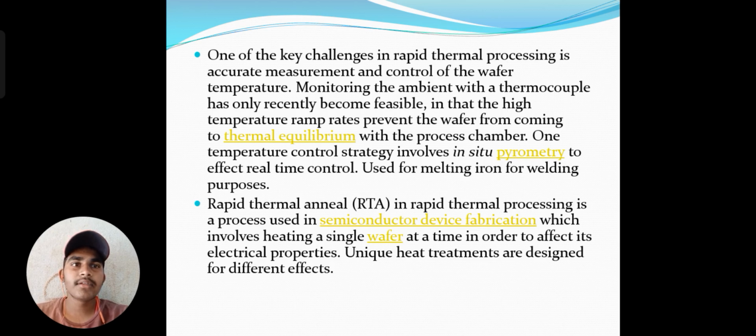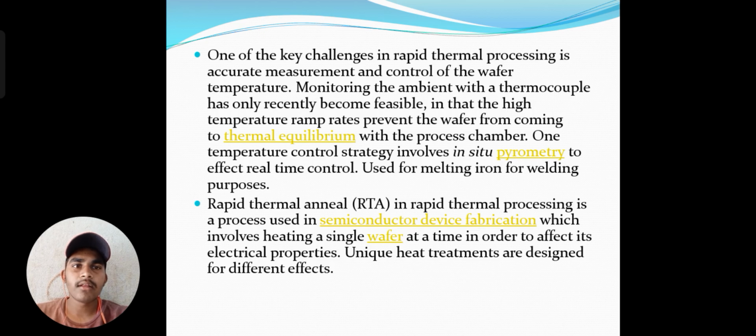Monitoring the ambient with a thermocouple has only recently become feasible in that high temperature ramp rates prevent the wafer from coming to thermal equilibrium with the process chamber. One temperature control strategy involves in situ pyrometry to effect real-time control, used for melting iron for welding purposes.